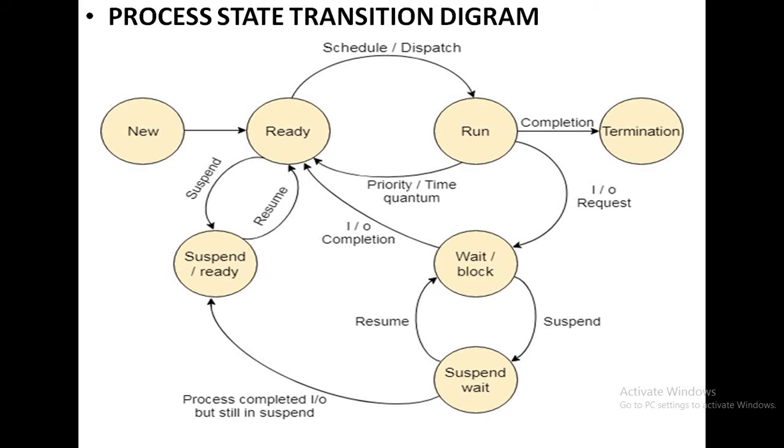So these are the five basic states of a process. First one is new state, second one is ready state, third one is running state, fourth one is termination state, and fifth one is wait or blocked state.